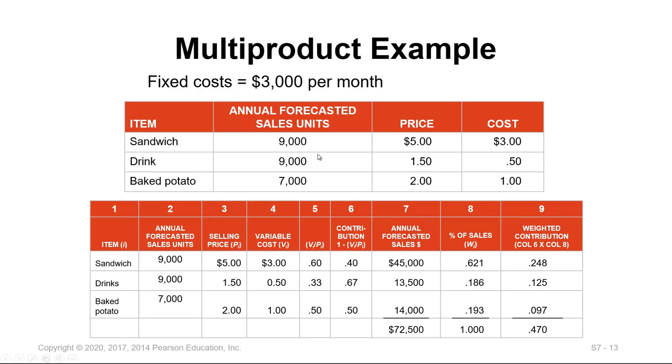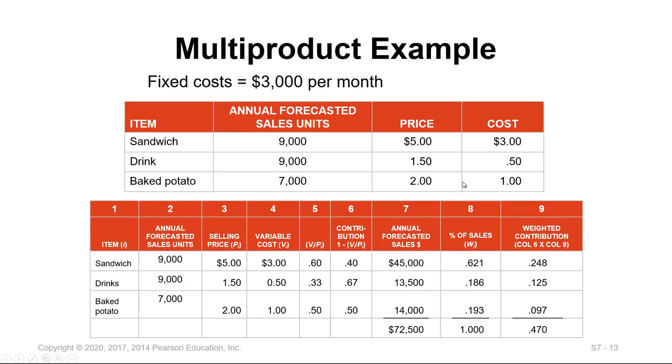So we are selling annually 9,000 units of sandwiches with a price of $5 and the cost of $3. Drinks 9,000, price of 1.5 and cost of 50 cents. Baked potato of 7,000, price of $2 and the cost of 1 cent.